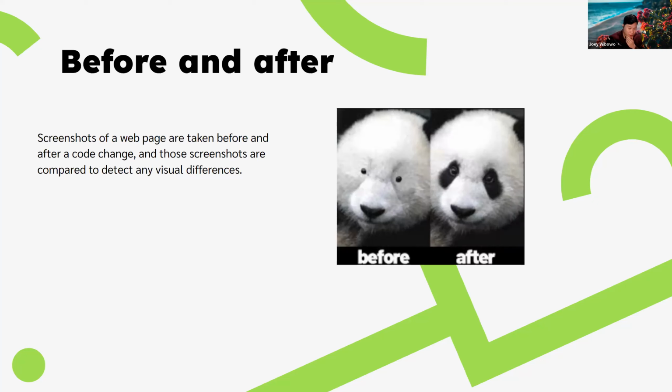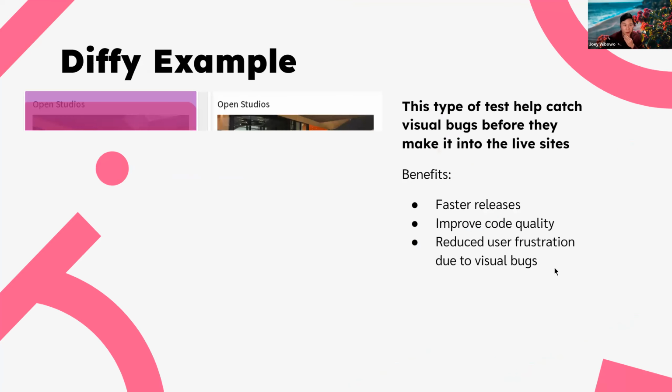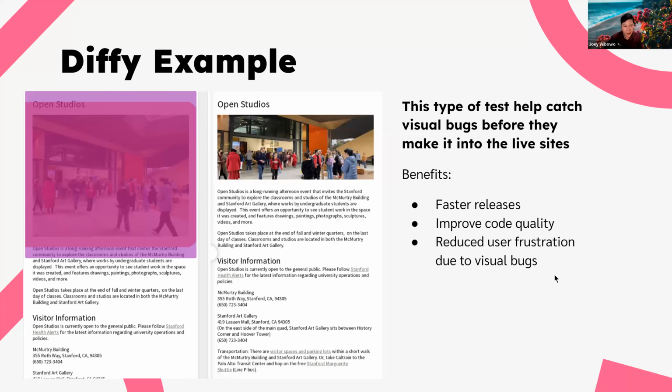So now, if we translate this into a real life product, I use Diffy for our visual regression test. And this is kind of like what it represents, before and after.